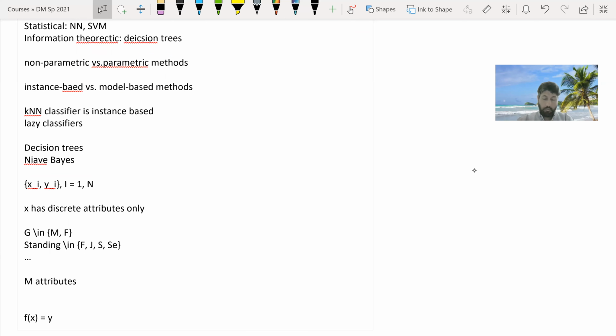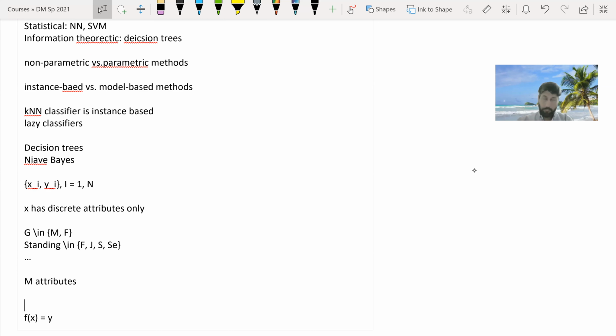Now, as you saw in the tree before, a decision is being made at a node. The question that arises is, how do you decide on which attribute to select to make the decision? That is the main crux of the decision tree learning algorithm.